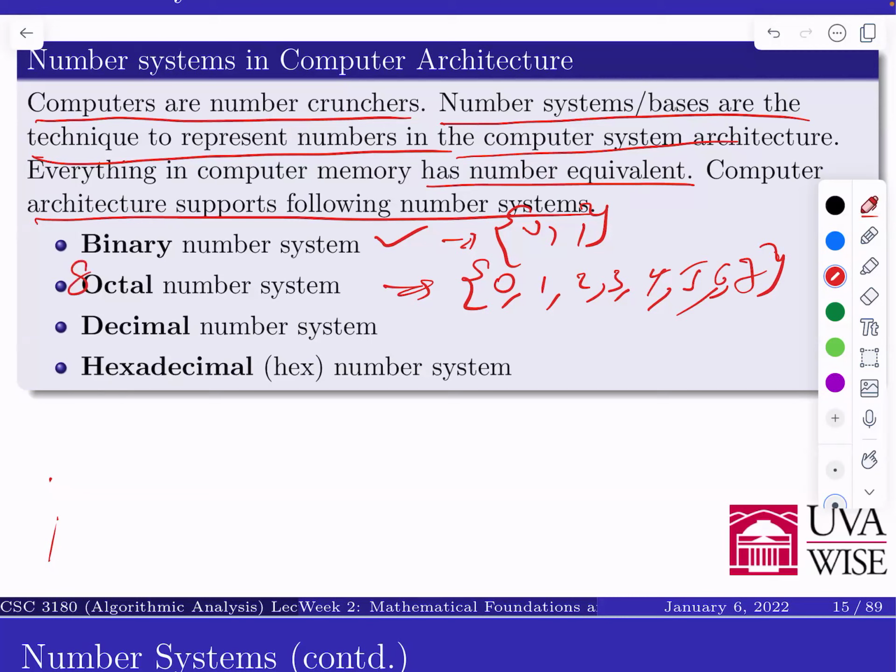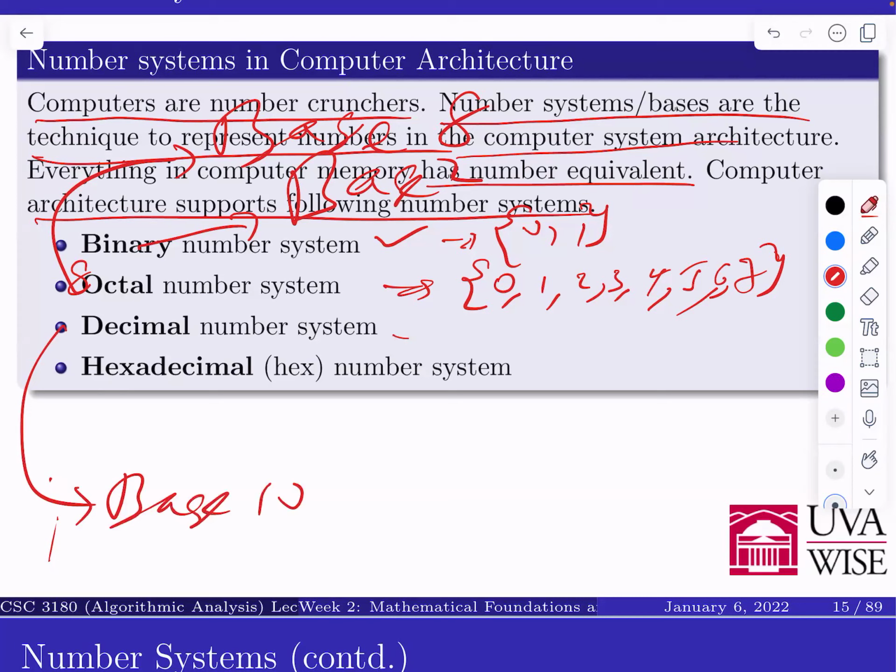And we have a decimal system. Binary is base 2, octal is base 8, decimal is base 10. The decimal system consists of numbers from 0 to 9.